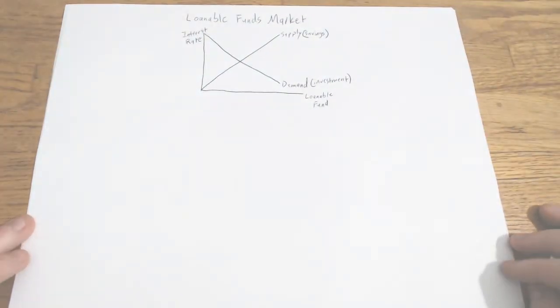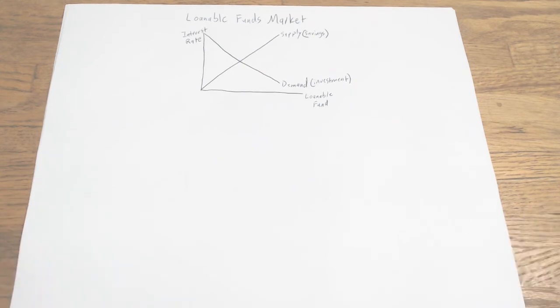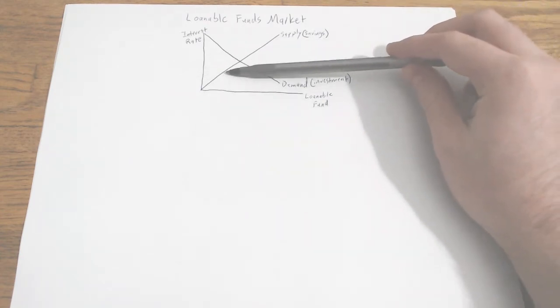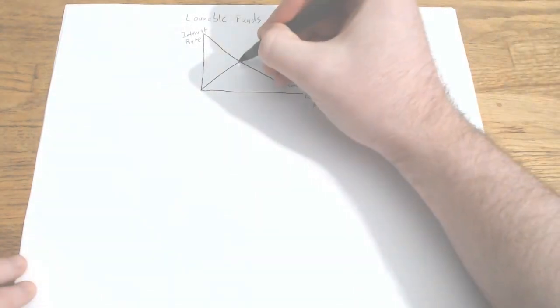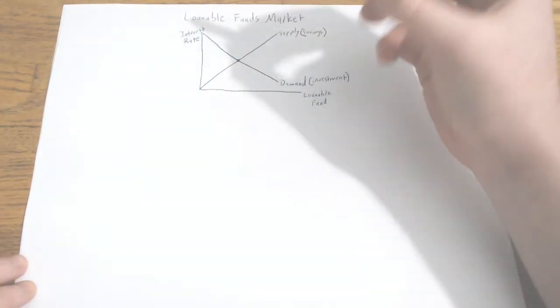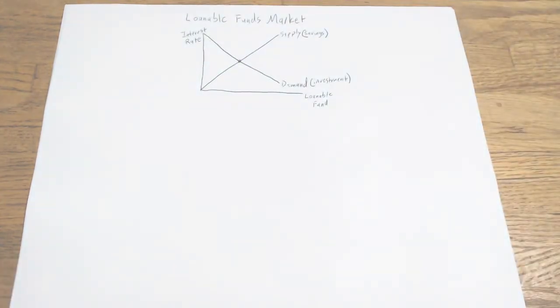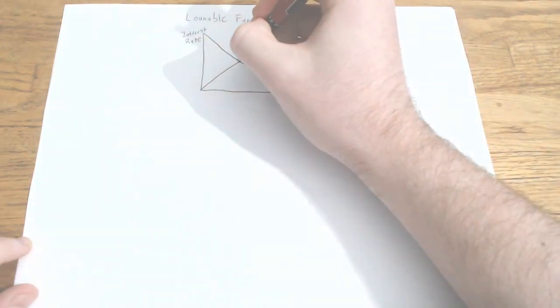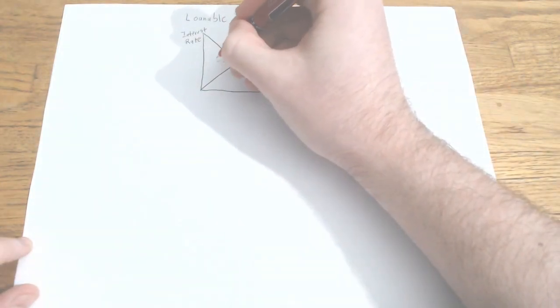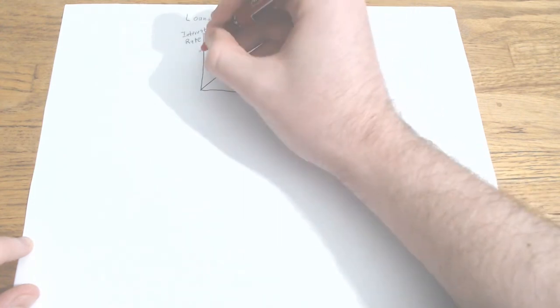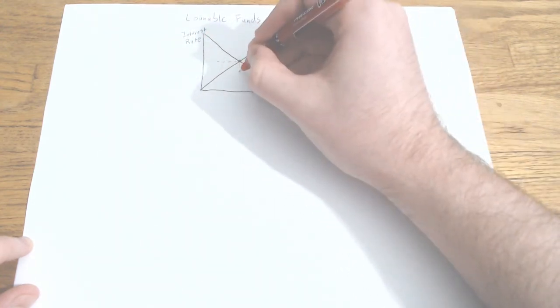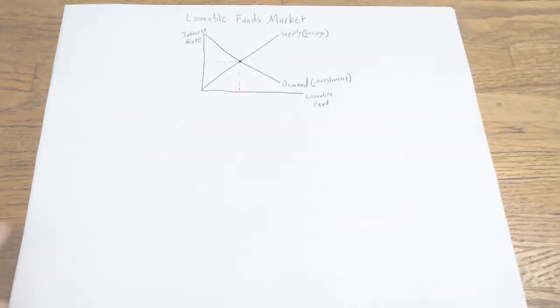So this seems like a typical supply and demand graph. And it pretty much is. If the interest rate is below the equilibrium, because where they meet is the equilibrium at this point, if the interest rate goes across and is below this point, we can see what will happen.